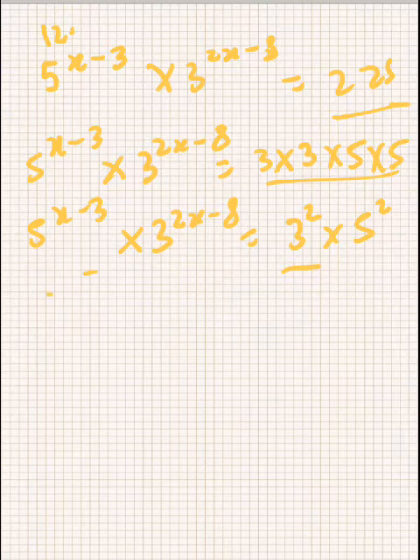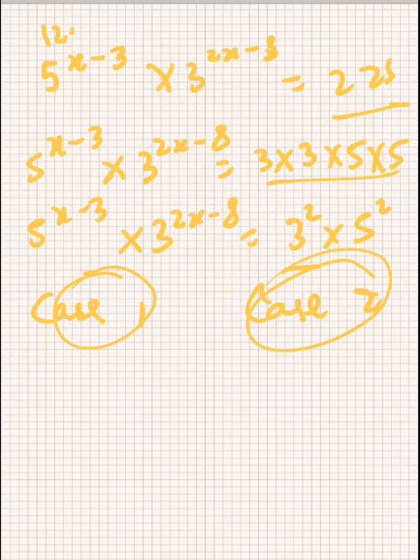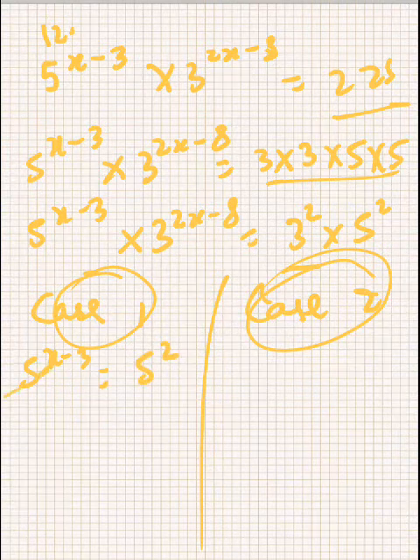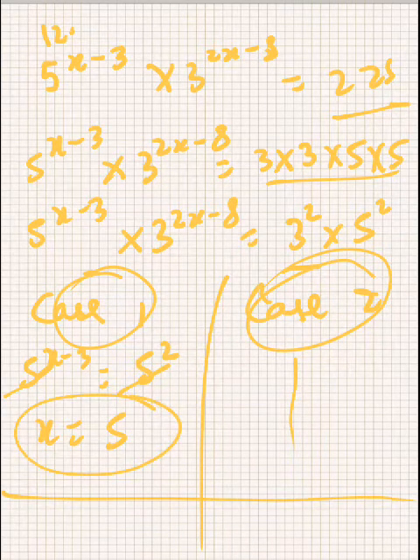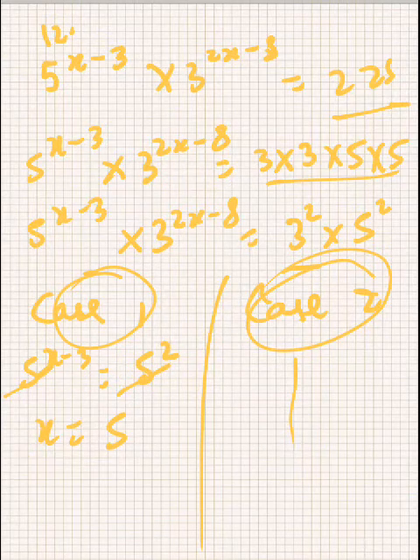Now two cases, case 1, case 2. So for case 1, 5x minus 3 will be equal to 5 and 5 cancel, x will be again equal to 5. Now this time I'm not solving this case, you can solve it by yourself, but I am sure with my answer x is equal to 5.